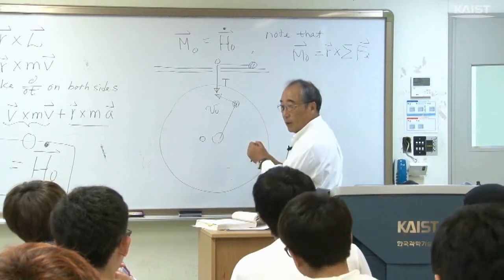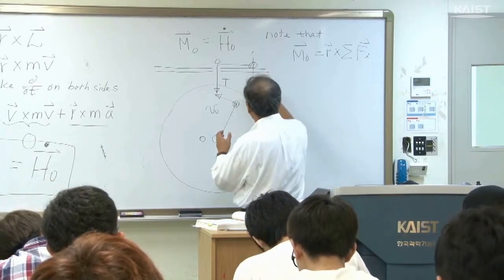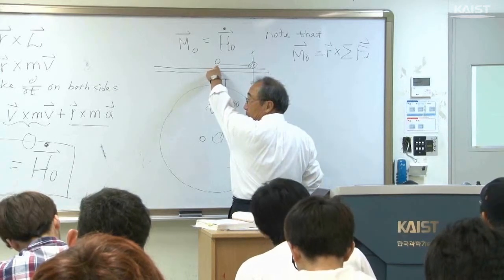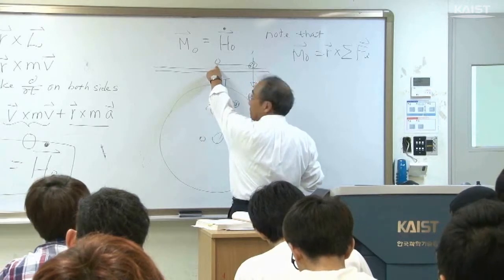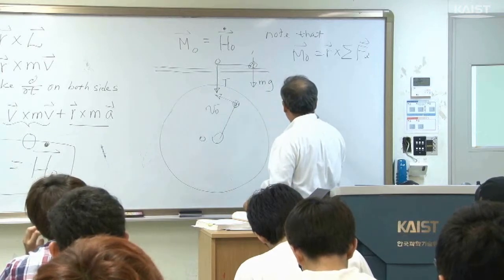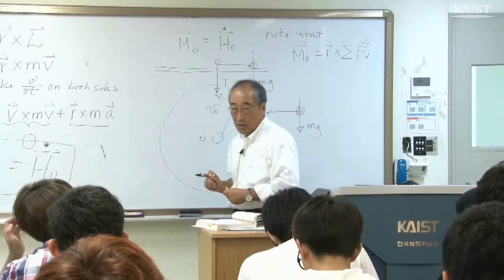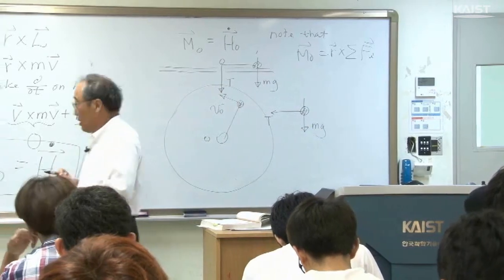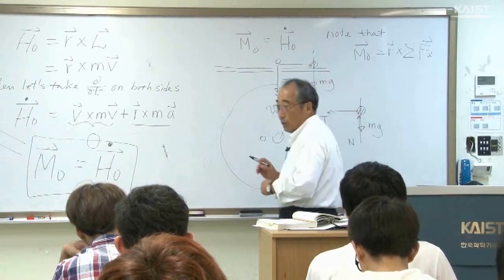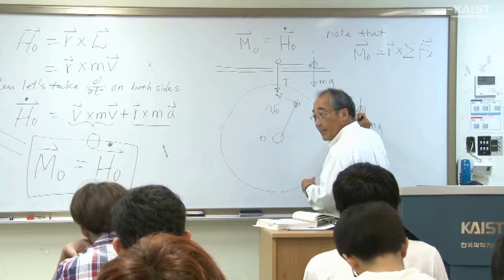So I look at every possible force. There is a force mg, and I am taking the moment with respect to that. Then what I see is there is a weight mg, and there is a tension, and there should be another force N, normal force, and there should be some friction force, but I neglected it.